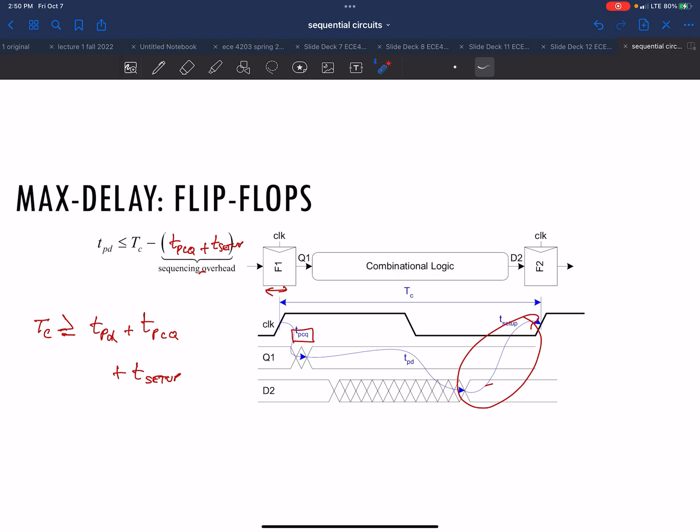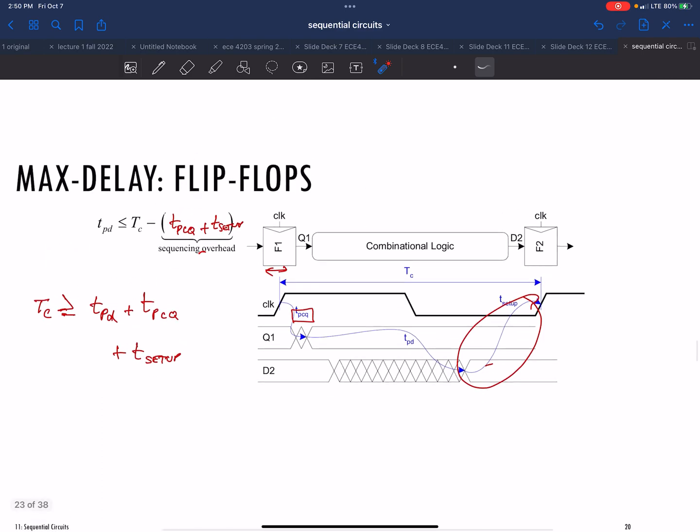We're good? Okay. So now let's look at what happens if you got your chip back and you screwed this up. You made a circuit where the delay is too long in some combinational logic somewhere.